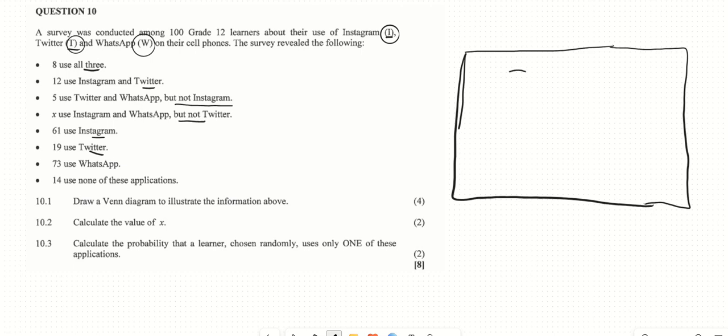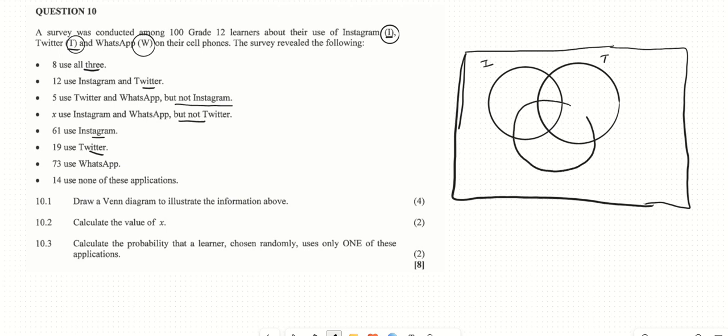So let's start with the first circle. The first circle here, we call it Instagram. The second circle, we'll call it Twitter. The third circle, I'll call it WhatsApp.